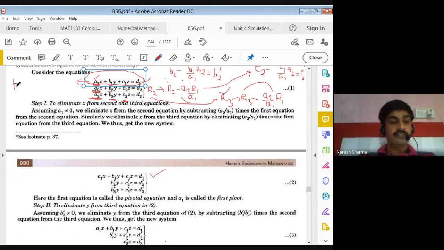We use only the first row here to make the other x elements in the remaining rows 0.